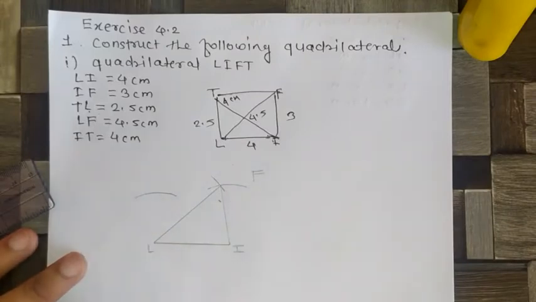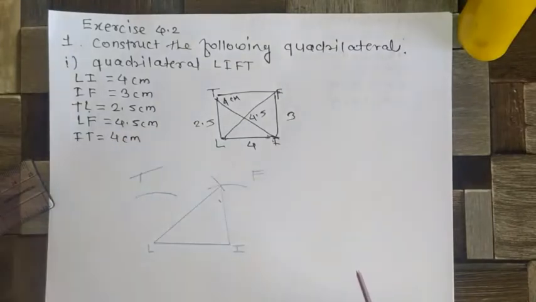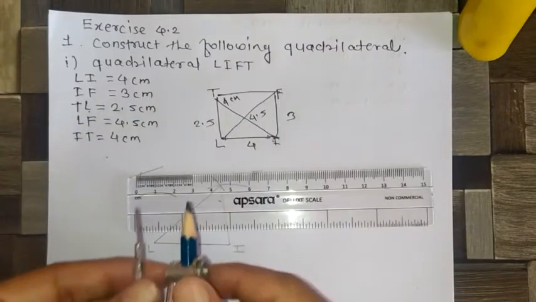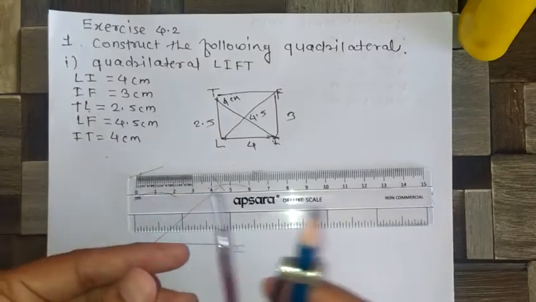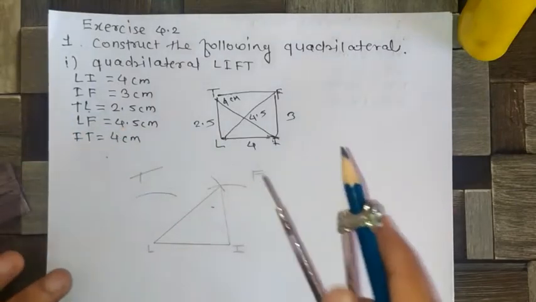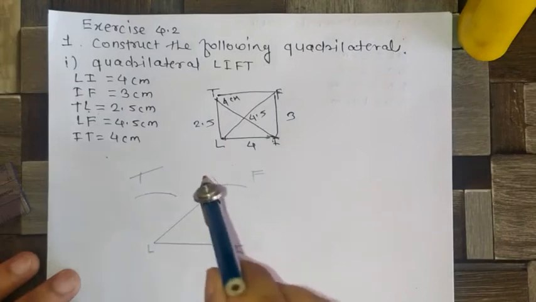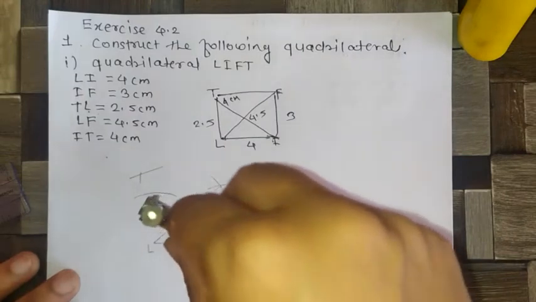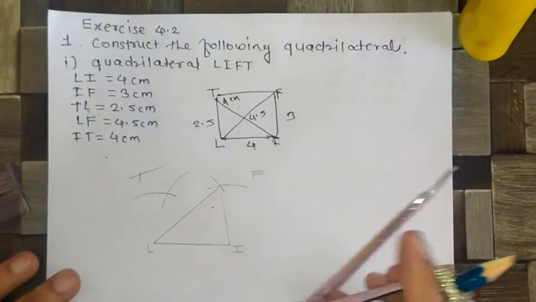And this point, whatever we get, is T. It is connected with I, which measurement is 4 centimeter. So take a distance of 4 centimeter, and as it is connected with I, take your compass, make the center I with radius 4 centimeter. You have to intersect this at point T.